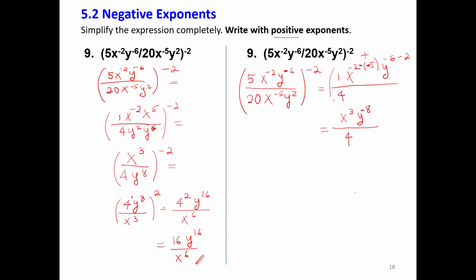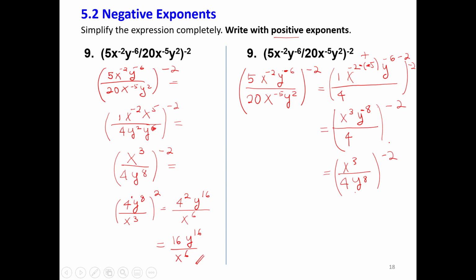And here I forgot something important. I forgot this minus 2, sorry. And here is minus 2. And if we want to get just positive exponents, we can move this one to the bottom. Yes, we need to move this one to the bottom.